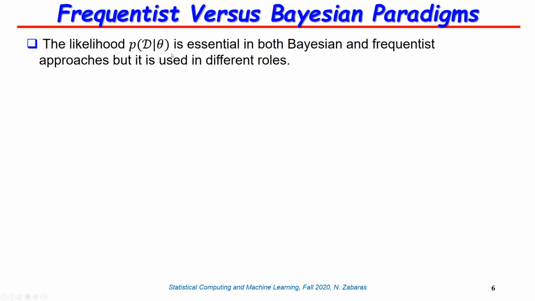So first let me say that the likelihood is essential both for the Bayesian and the frequentist approaches. So what we will cover today is not a Bayesian approach, it's not a frequentist approach, it's a statistical approach that is used regardless of what philosophy you follow.